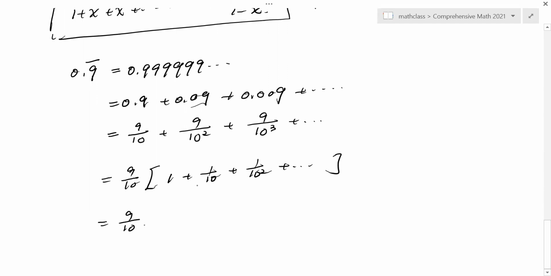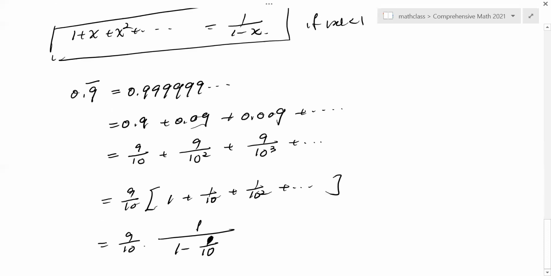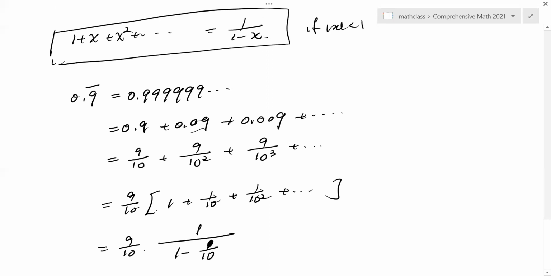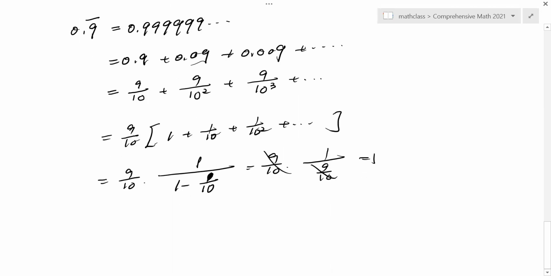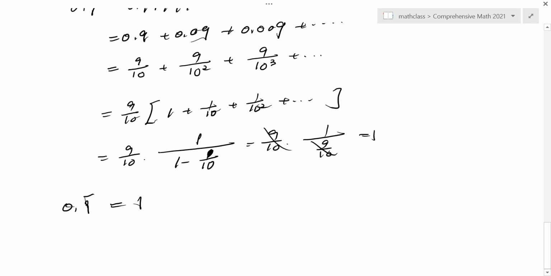Now we have the formula. The formula says that r here is 1 over 10. So this should be equal to 9 over 10 times 1 over 1 minus r, from the formula on the top. Let's simplify it. The denominator is 9 over 10, so cancel it out. The answer is 1. So in other words, 0.9 bar is always equal to 1 in mathematics. The left-hand side means the limit of 0.9999.